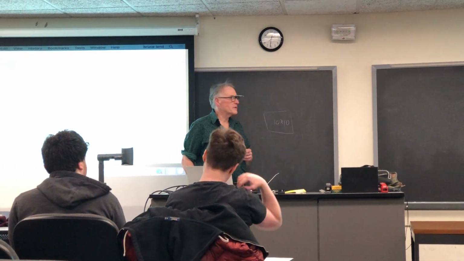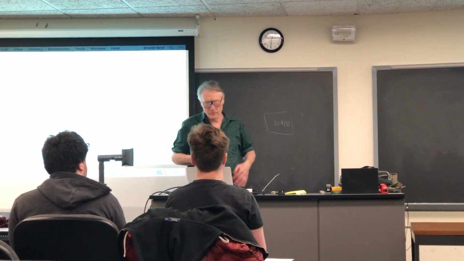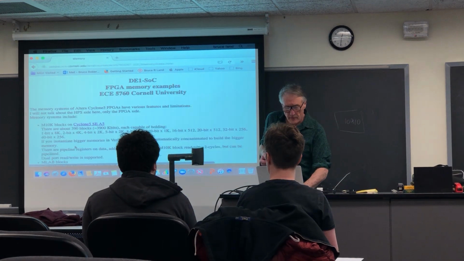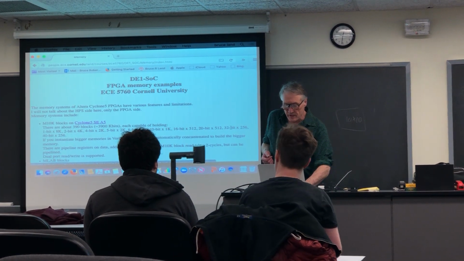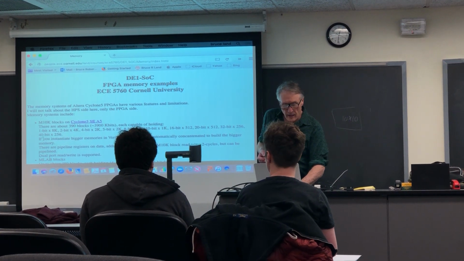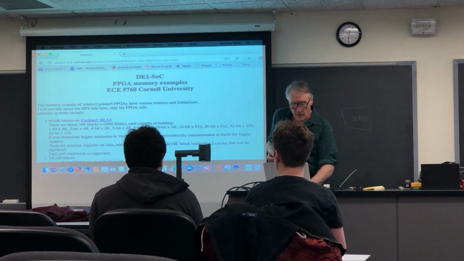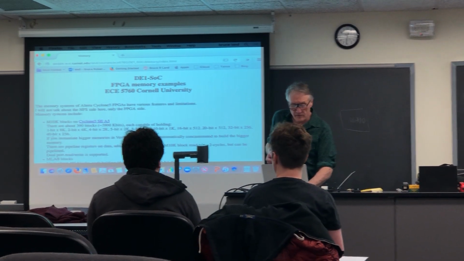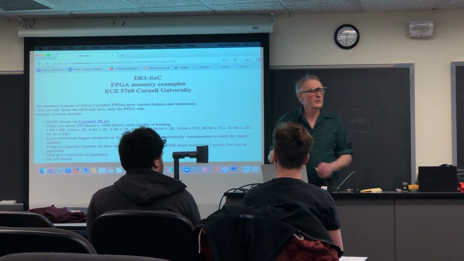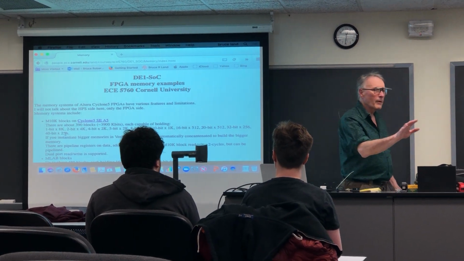One group noticed an interesting thing, which I hadn't thought about, but it was certainly true. You can set up an M10K block for 40 bits by 256. That means you can read back 40 bits at a time.